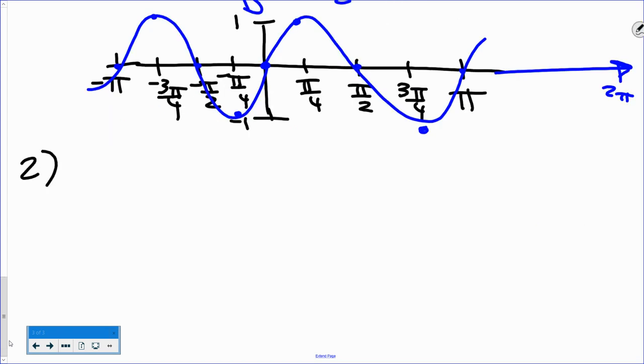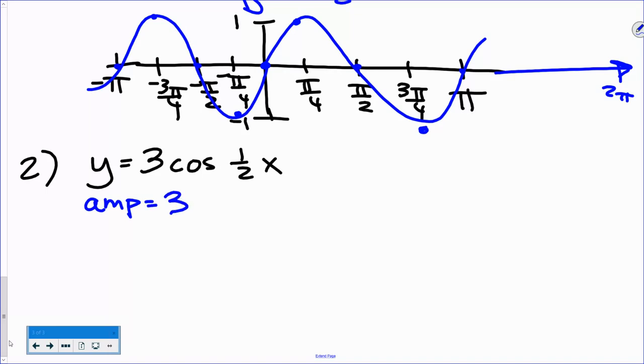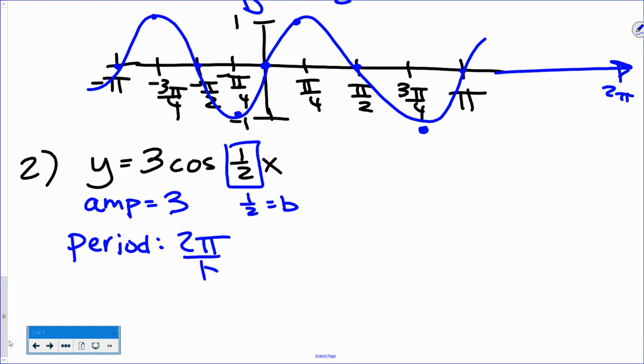Let's look at another one where we have y equals 3 cosine of 1/2 x. So I'm switching to cosine. My amplitude is 3. 1/2 is that b value, which means to find the period, I take 2 pi and divide by b.